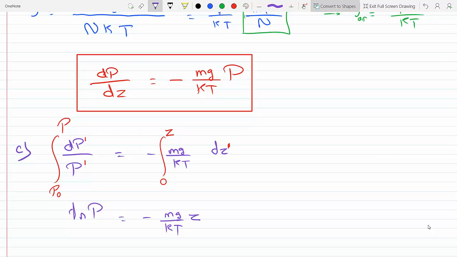The integral of dz is just z, from z prime from 0 to z, and this is evaluated from p0 to p. So that means ln p over p0, because it's ln p minus ln p0, is equal to minus mg over kT, times z.